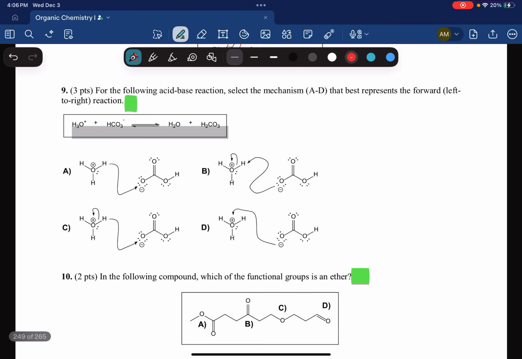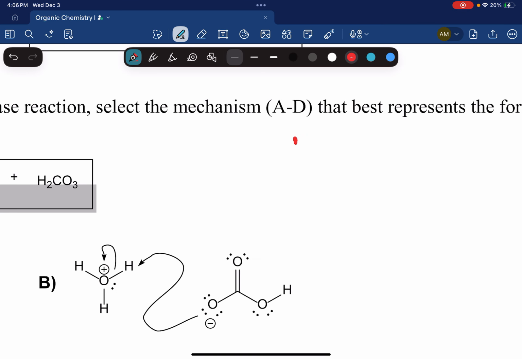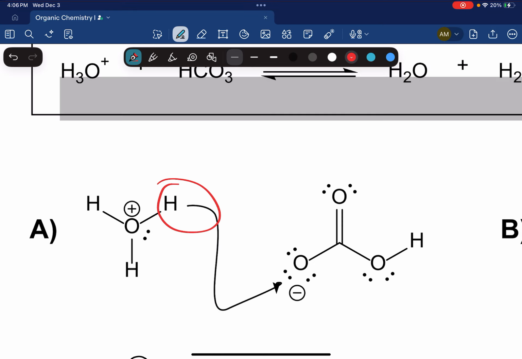Select the mechanism that best represents the reaction to the right. So, rules about arrows. They start at electrons. So let's see if any of them start. This starts at an atom.